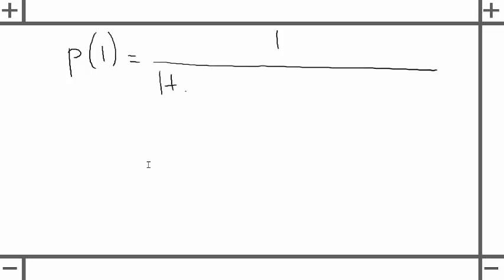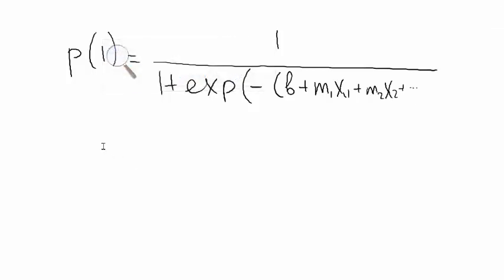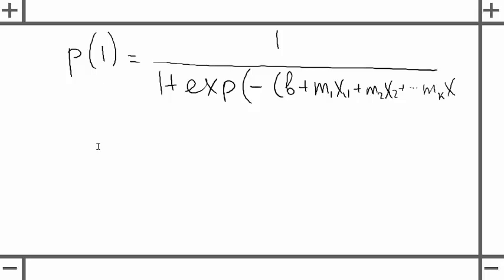You can write it like this: probability of response 1 is equal to 1 divided by 1 plus e to the power minus, and then multiple regression, right? Your intercept b plus m1 x1 plus m2 x2 plus dot dot dot mk xk, right? This is kind of a usual, normal way to record that.